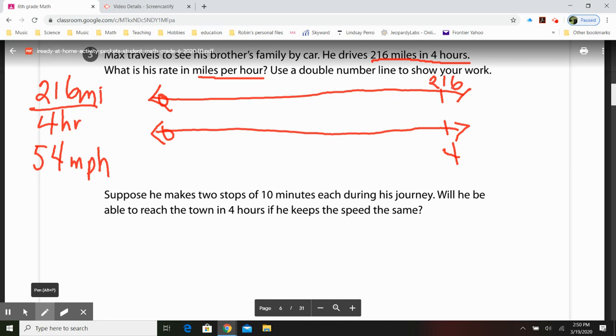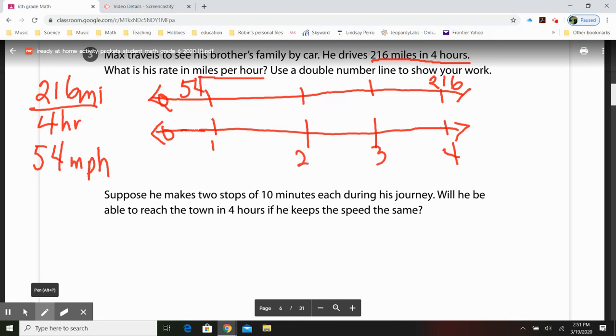So what we're going to do is figure out for 1, 2, 3, and 4. And that's not very evenly spaced. Kind of want to fix that. So this is 1, 2, 3, and 4 hours. So then we have to figure out in 3 hours, 2 hours, and then 1 hour we already figured out was 54 miles, right?